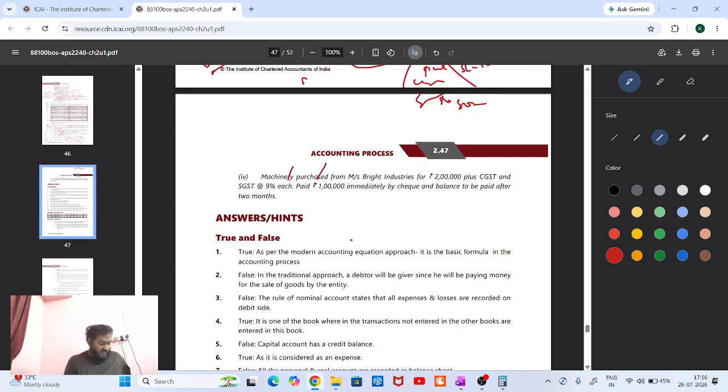Machinery purchase, is it right? Yes. Machinery purchased from Sonu for 2 lakh plus CGST, SGST at 9% each. Machinery, CGST, SGST to Sonu. Paid 1 lakh immediately, bank 1 lakh, the rest is the balance.